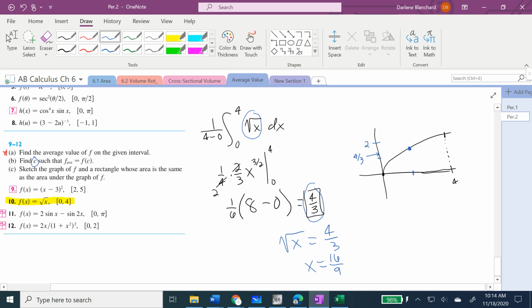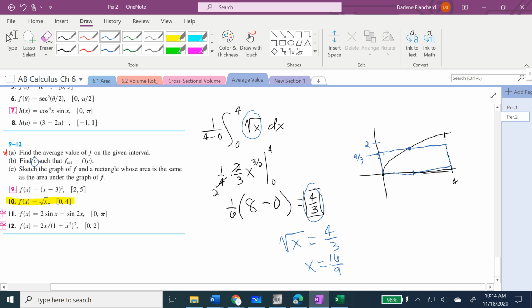And in part C, it's asking you to sketch this picture that I just started. So you're going to graph the f of x function. You're going to look at what the average value is and the x coordinate. And then you're going to draw a horizontal line. Cut it off at your a and b.